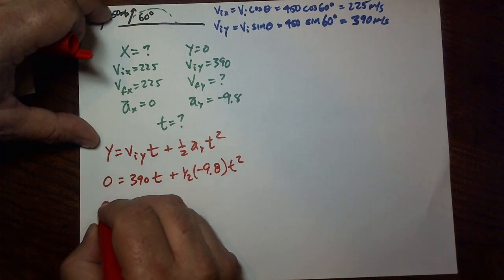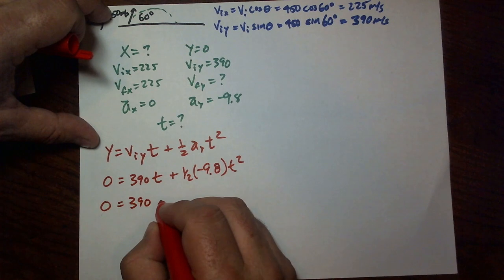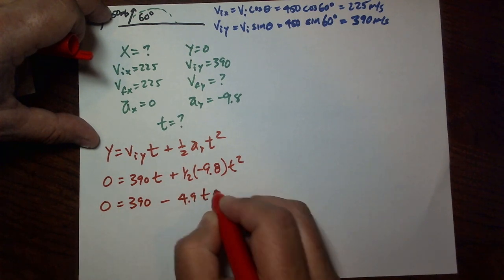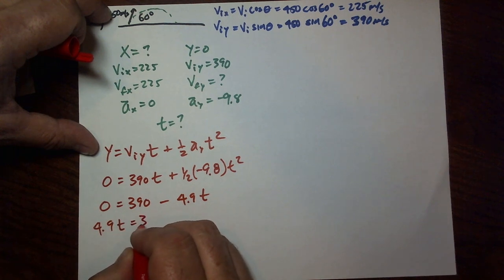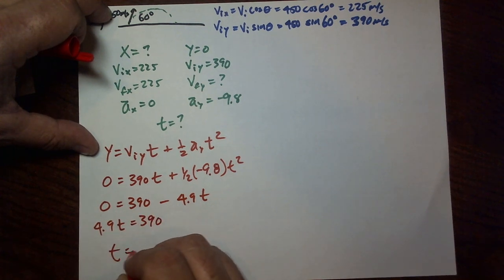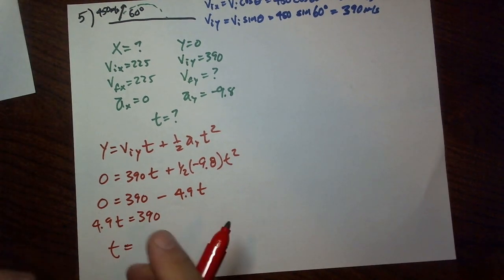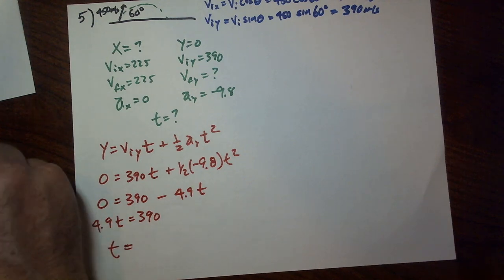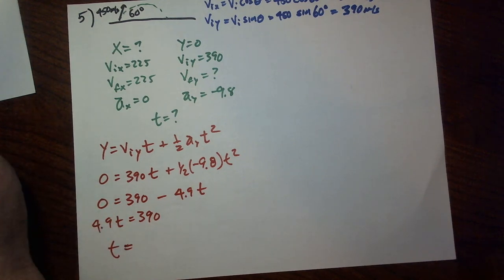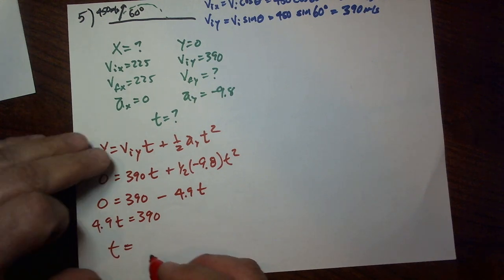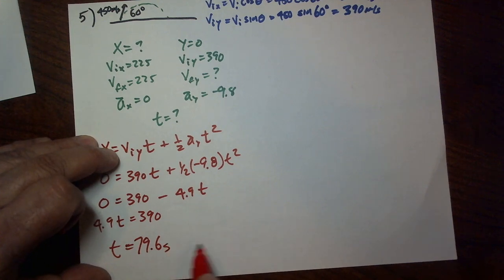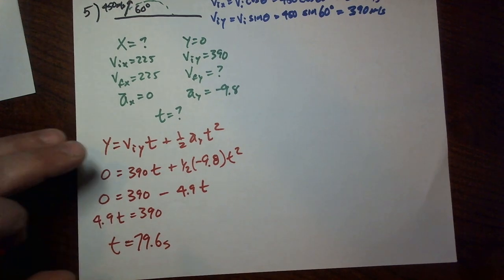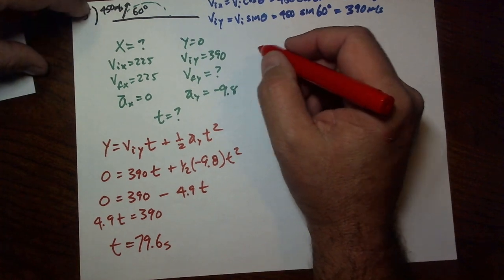Divide through by T. Move this to the other side. Now we need 390 divided by 4.9. That's 79.6. Wow, more than a minute. Okay, then the next thing we would do is find the distance.